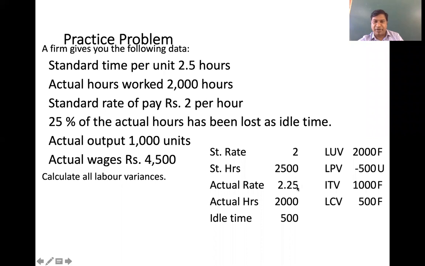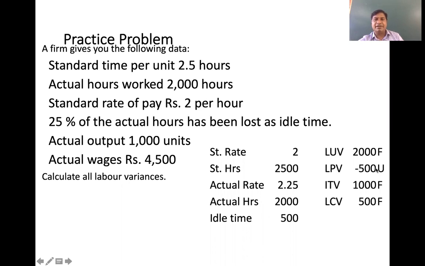Minus 0.25 into actual hours 2,000 is minus 500. It's not labor price variance, it's labor rate variance, LRV, minus 500. By mistake it is typed 500.